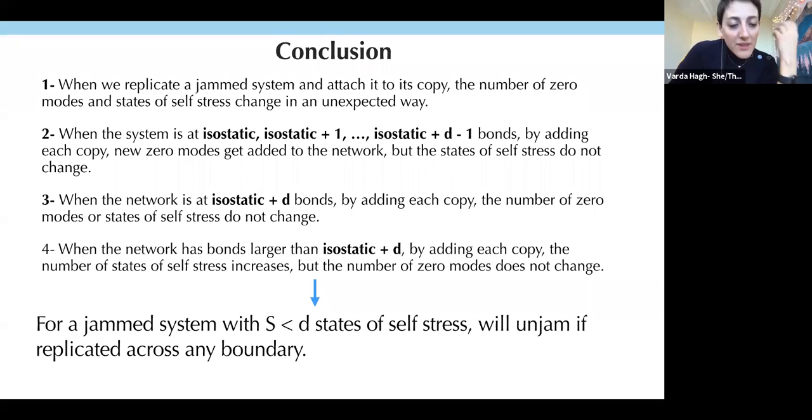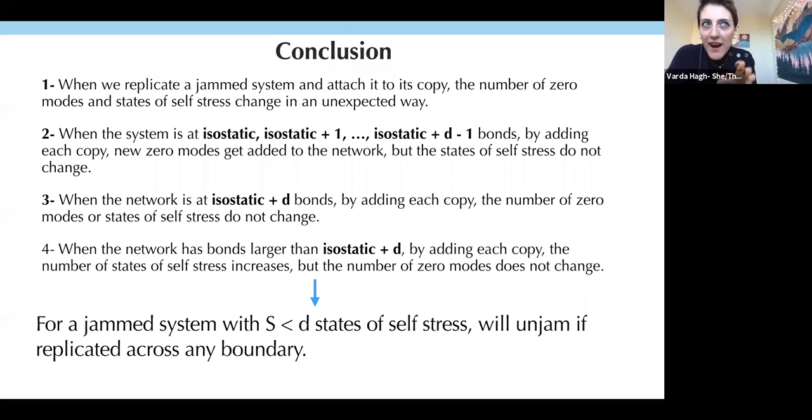When the jam packing is at isostatic plus d bonds, by adding the copies, neither the number of states of self-stress nor the number of zero modes change. And finally, when the system has more than d states of self-stress, and basically is above isostatic plus d, by adding copies you would never get new zero modes. Instead, you would get new states of self-stress.